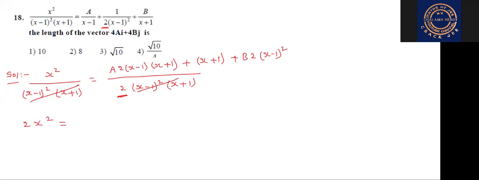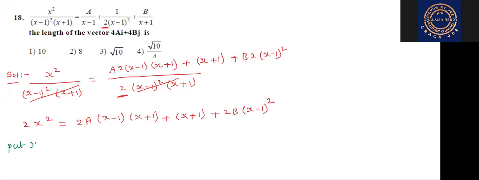2x square is equal to 2a into (x minus 1) into (x plus 1) plus (x plus 1) plus 2b into (x minus 1) whole square. Students, here we need to find a and b. How to find? Put x is equal to 1, a and b both are going to 0.